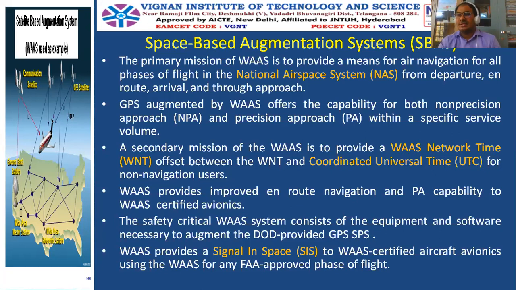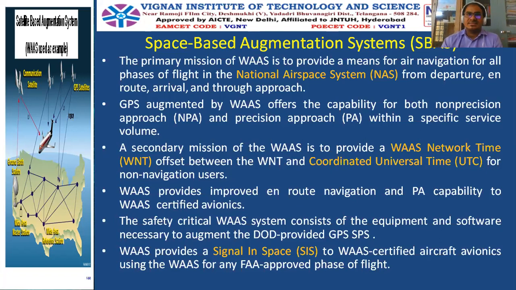The safety critical WAAS system consists of the equipment and software necessary to augment the Department of Defense provided GPS SPS, only for the authorized users, which are nothing but the Department of Defense provided GPS users. And WAAS provides a SIS, signal in space, to WAAS certified aircraft avionics using the WAAS for FAA approved phases of flight.